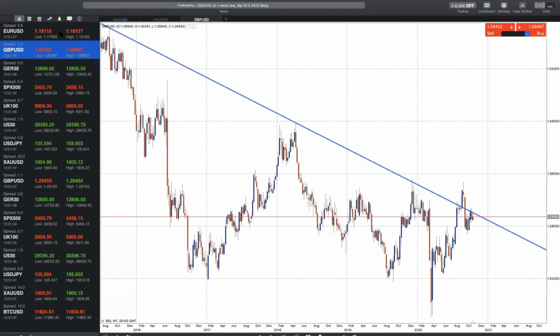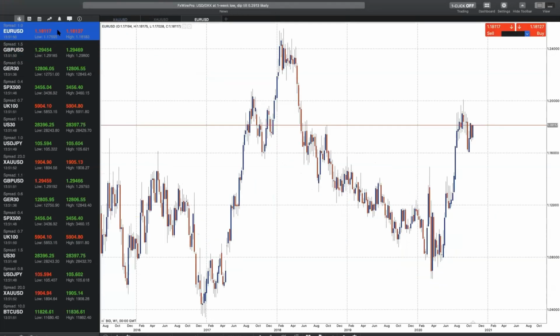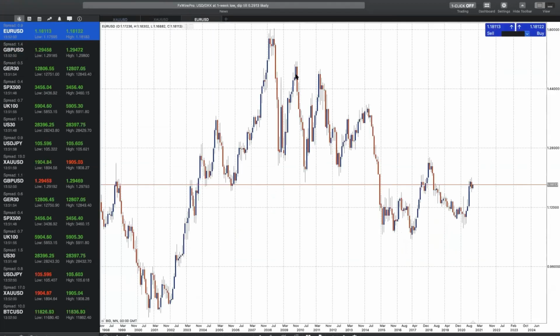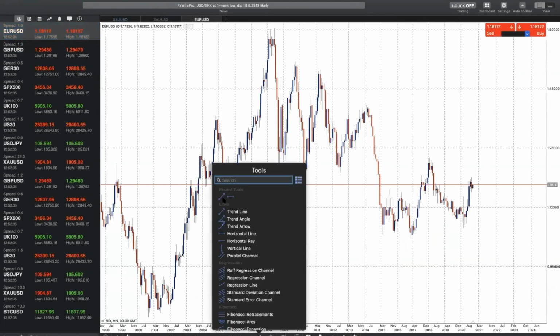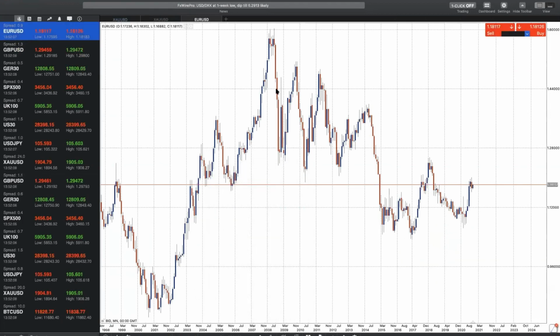So basically, I wanted to focus on the FX market and mainly on the US dollar, as it has been testing some key levels, which are widely perceived as instrumental for its further direction.